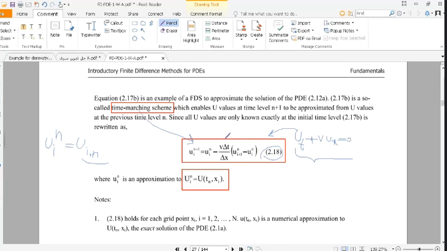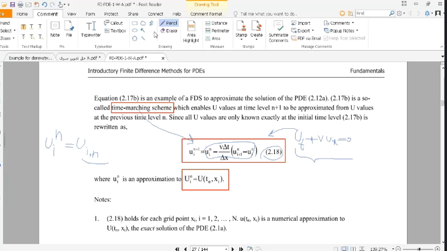It is an approximate formula. It is not the original PDE. Okay. From this 2.18, we can use the information at the previous time to compute the information at the next time.